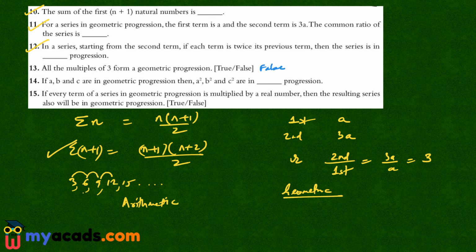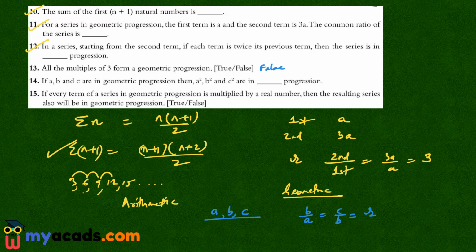Let's see question number 14. Question number 14 is, if a, b, c are in geometric progression, then a square, b square and c square are in which type of progression? So if a, b, c are in GP, it means a, b and c are 3 terms and b upon a equals c upon b equals r.